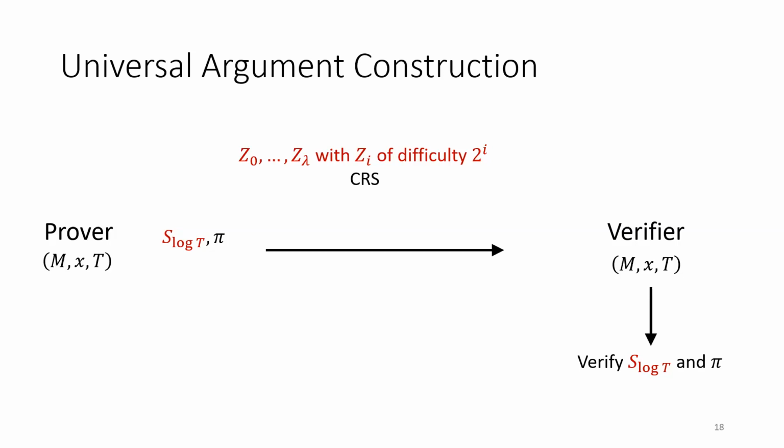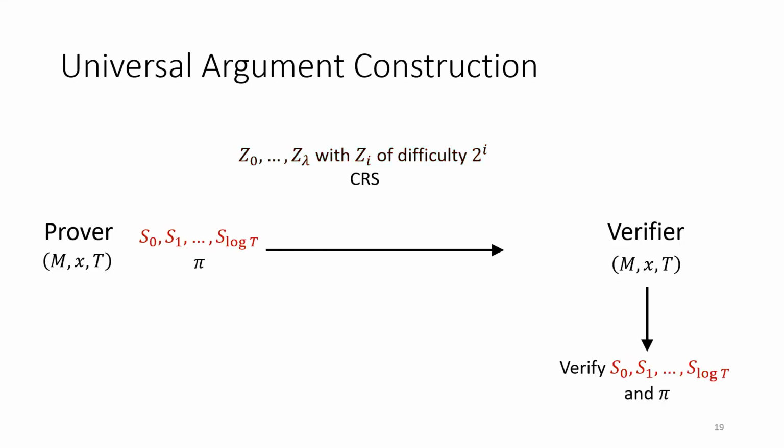And an adversary that tries to claim a statement that it can't compute won't be able to solve the puzzle. Now, actually, our construction is a little more complicated. And it is related to the fact that the puzzles are only semi-universal. I'm not going to say any more about it, but we need a prover to solve all puzzles up to difficulty t. And this is our construction.